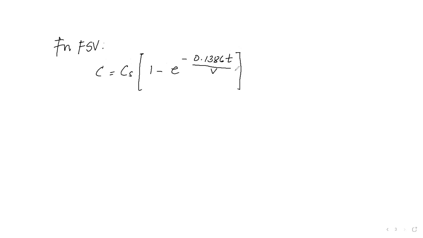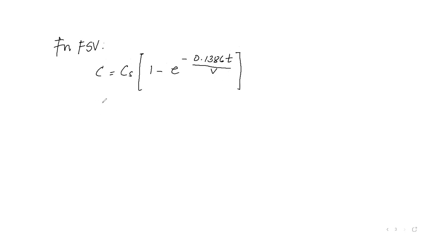So for the full scale vessel, the same formula, the C over C sub S. So I will now place here the constant 0.1386, and we have the time, and we have the V. Okay, because this one has a different volume, and of course we're trying to find the time.